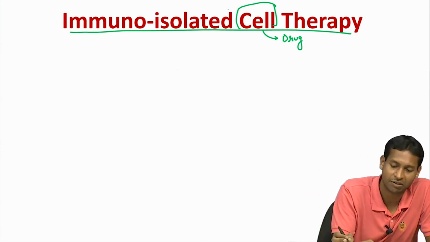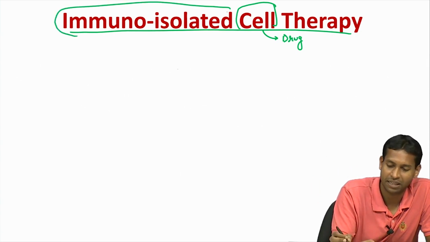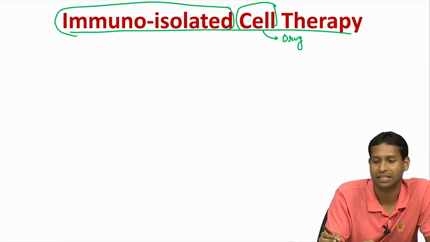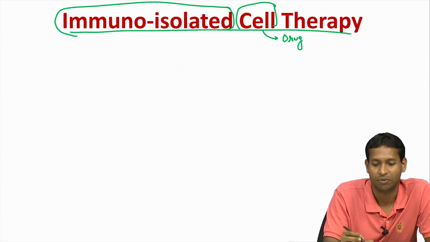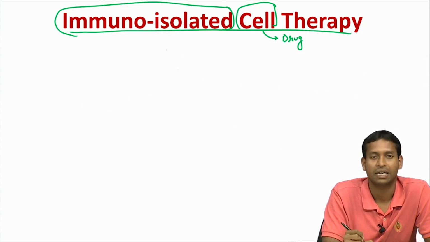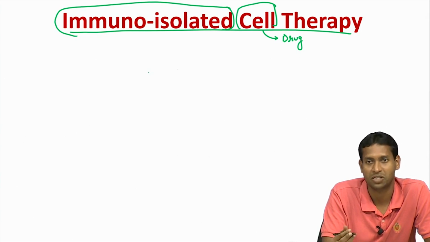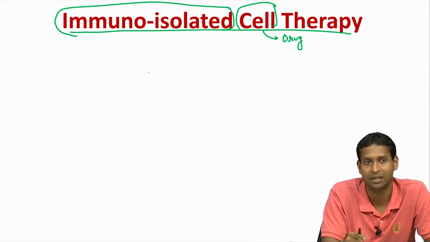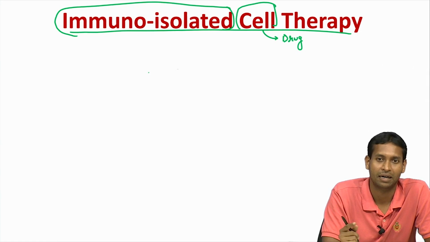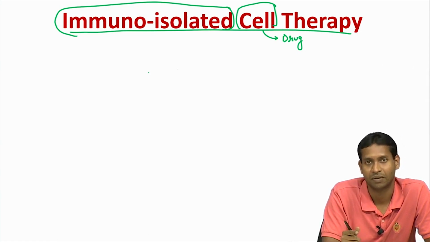And when I say immuno-isolated, what does this term mean? This term means that I want to isolate the cell that I am delivering from the immune system of the host, and this could be due to several reasons. Typically, if I am putting cells from an external source, which means from some other patient, into my body, my immune system is going to recognize this as not being a self antigen, and it will start adapting to that particular cell and start killing it.